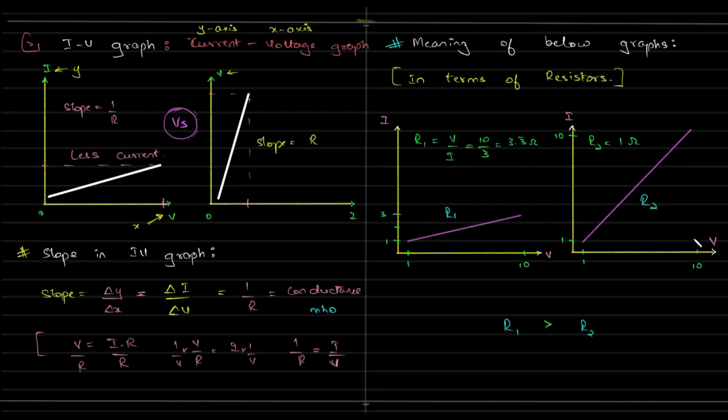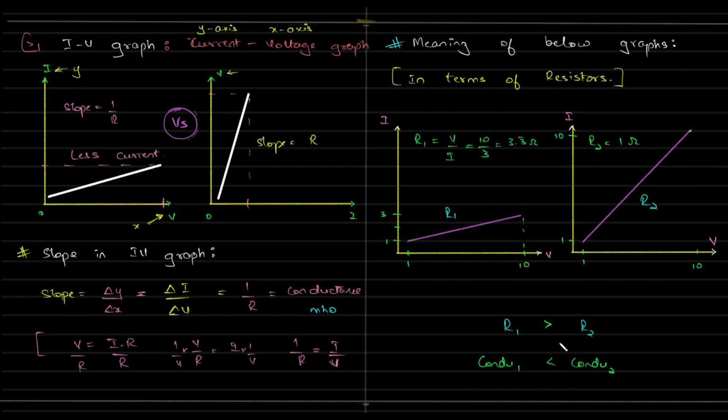All I did was take the maximum possible value. So 10 volt here and 10 volt here, and the current is 3 ampere here and 10 ampere there. Right? So which conductance is better? Conductance of 1 is lesser than conductance of 2.